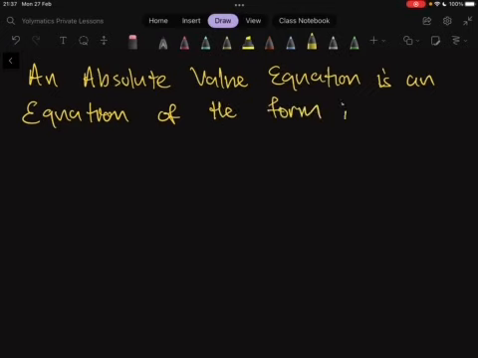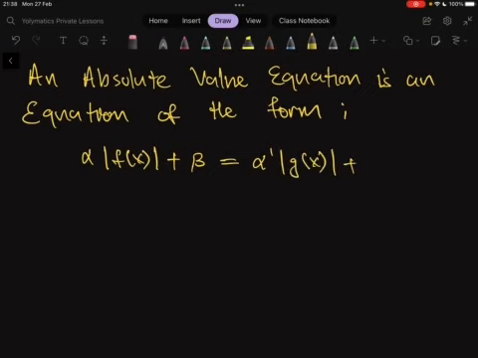An absolute value equation is an equation that has the form alpha times the absolute value of f of x plus beta is equal to maybe alpha prime times the absolute value of some function g of x plus beta prime, you see.